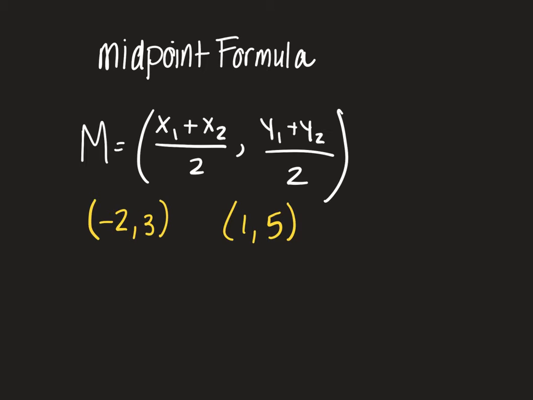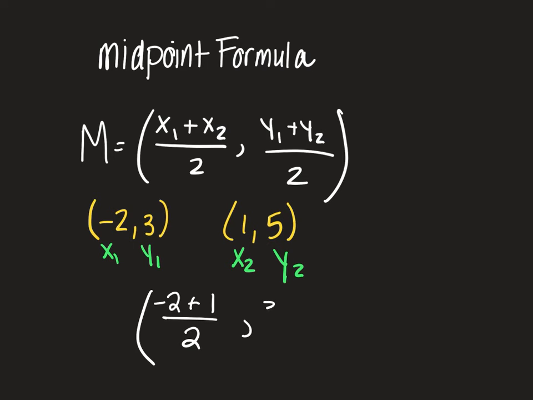Remember we have x1 and y1 and x2 and y2, and we're just going to plug in those numbers. So x1 is -2, x2 is 1, and we divide that by 2. Then to get our y coordinate, we do 3 plus 5, over 2.